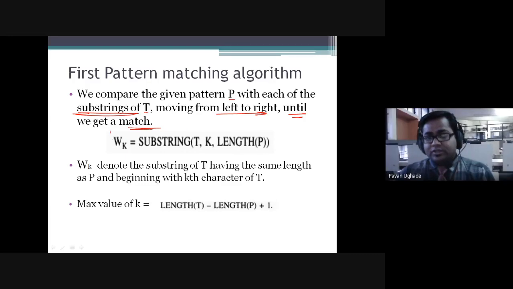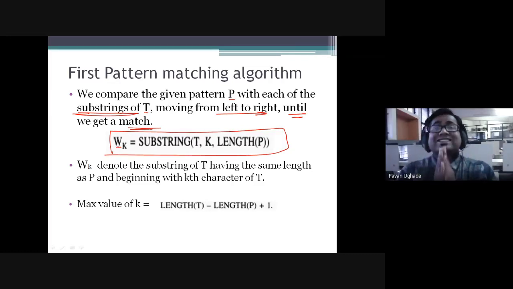Now here is W of K. It is a substring. W is generally used to represent the string, and K is the starting position. To find the substring, we require the actual string, and then K, from where.